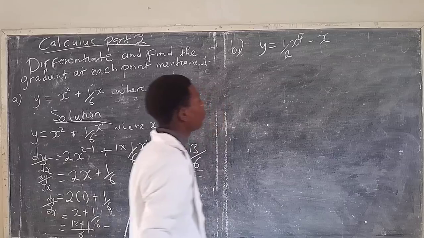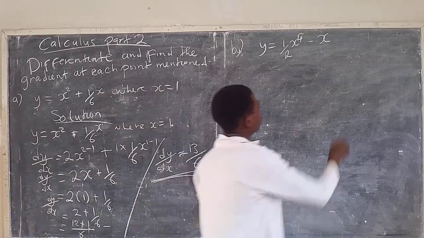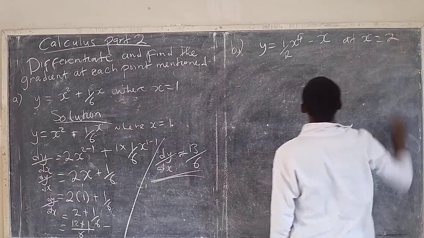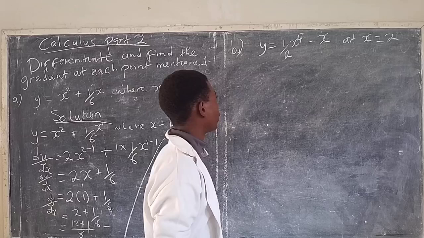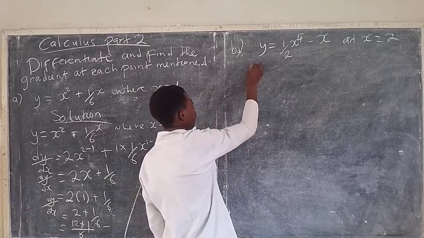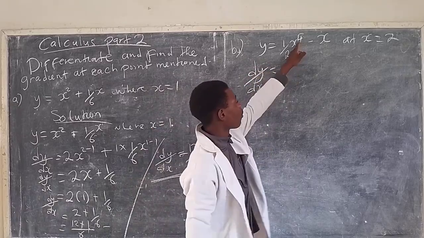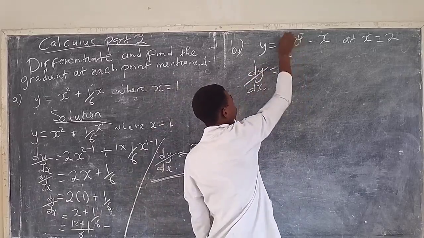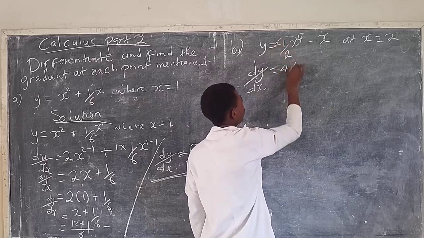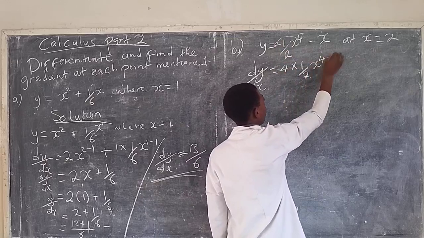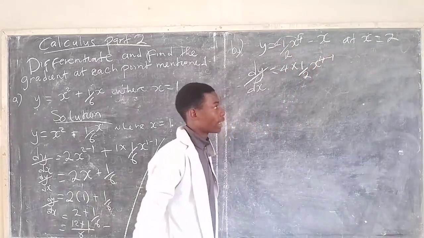Then we are told to find the gradient at where x is equal to 2. So how do we solve such a problem? We first differentiate, so dy over dx should be equal to, we have 4. It is going to drop here, so we have 4 times 1 over 2, then x raised to the power 4 minus 1.